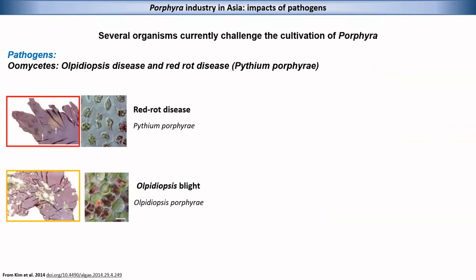Macroscopically, they evoke very similar disease symptoms, consisting of discolored patches, necrotic zones, and lesions. On the microscopic level, those two can easily be distinguished. The first pathogen, Pythium, forms hyphae, which build a network between the cells of Porphyra, whereas the Olpidiopsis pathogen is an intracellular pathogen and infects single algal cells.